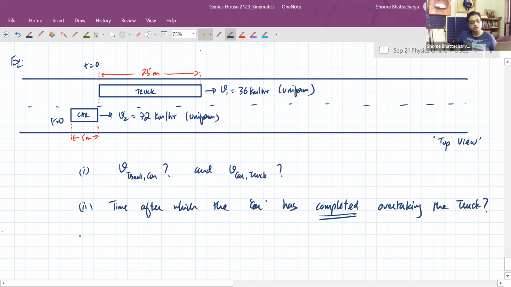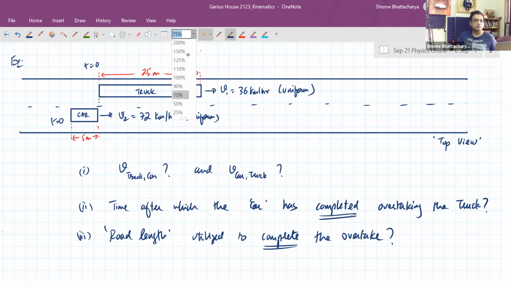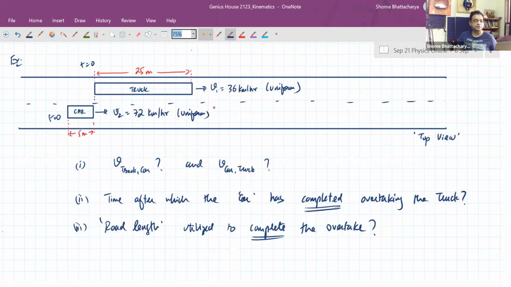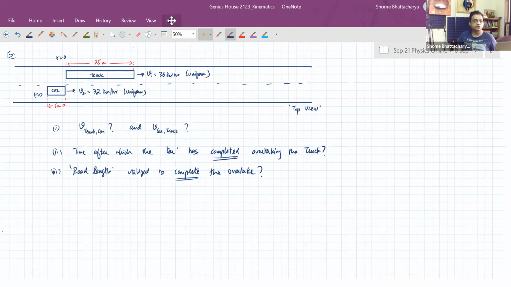And the length of the road utilized to complete the overtake. I'll explain the last part in detail, but try to understand it from the language of the question itself, and try to figure out this question. It's very interesting.